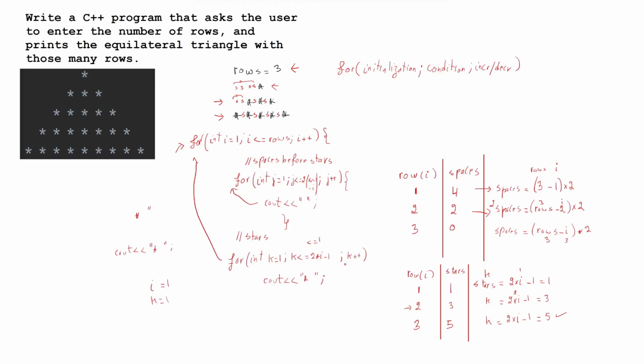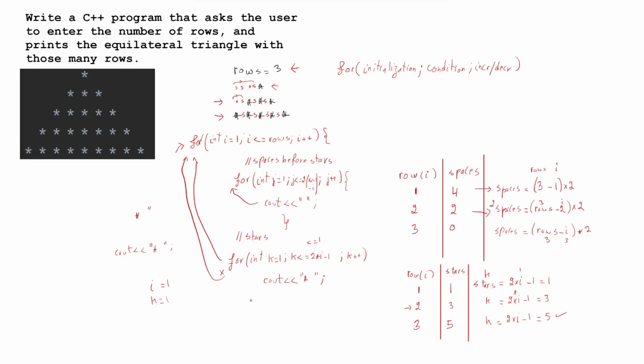And we're going to increment k. So k will become 2. Is 2 less than or equal to 1? No. Then this will break this loop and go back to this loop. And then for the second run, we will print 3 stars, each one followed by space. And then for the last run, we're going to print 5 stars, each one followed by space.